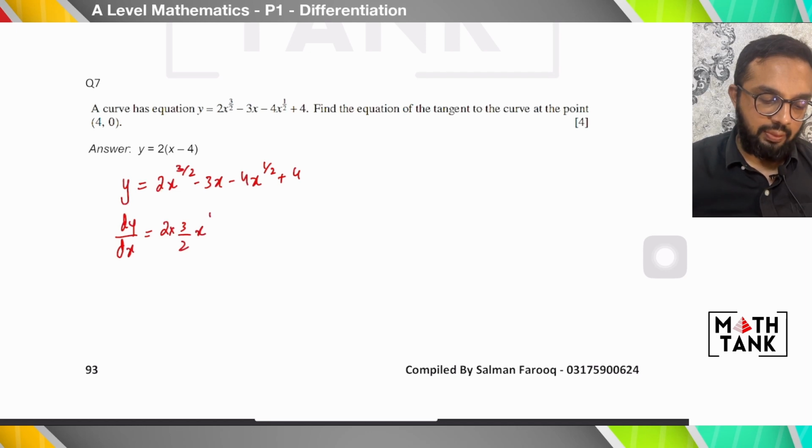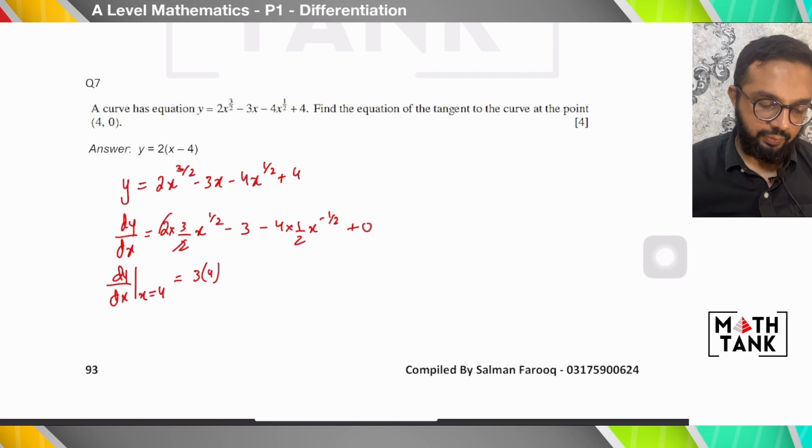If I subtract 1, it's going to become half minus 3 minus 4 into half x power minus half plus 0. And then I can just quickly go on and put in the value 4 and say that this is 3 times 4 power half minus 3 minus 2 times 4 power minus half plus 0.